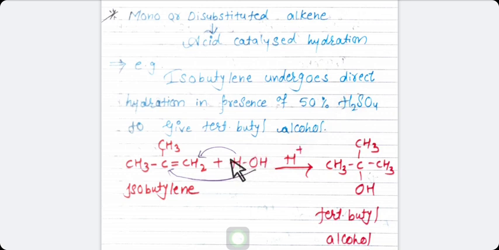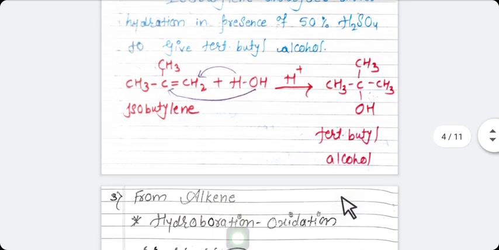So the hydrogen atom is attached with the carbon atom which carries more number of hydrogen, and the negative part, the hydroxyl group, OH minus, is attached with the carbon atom which carries less number of hydrogen atoms. Again we are using the Markovnikov rule. The negative part is attached with the carbon atom which carries less number of hydrogen atoms, and the remaining part is attached with the carbon atom which carries more number of hydrogen atoms. So the product is tertiary butyl alcohol.